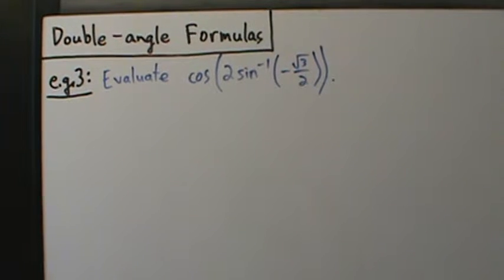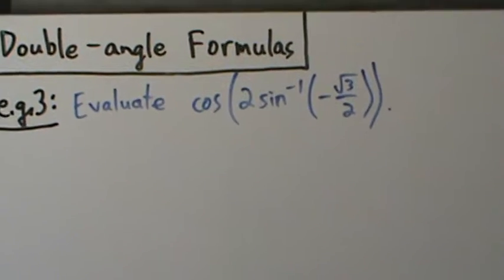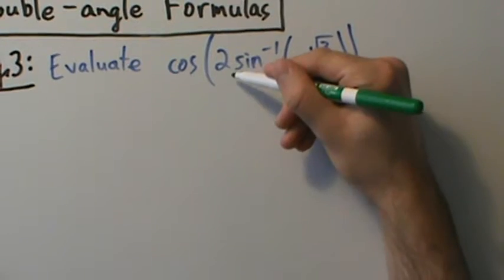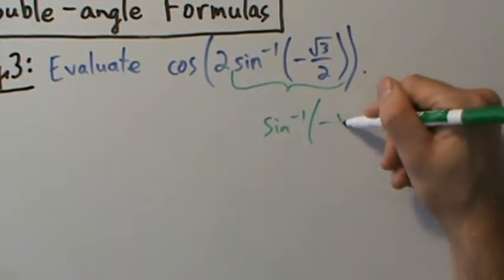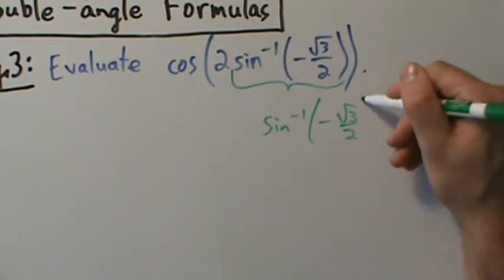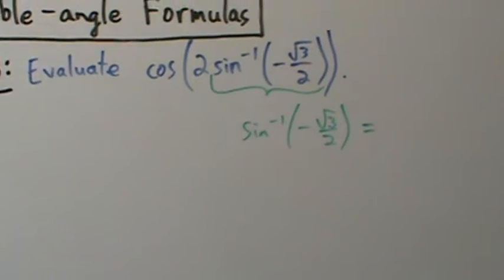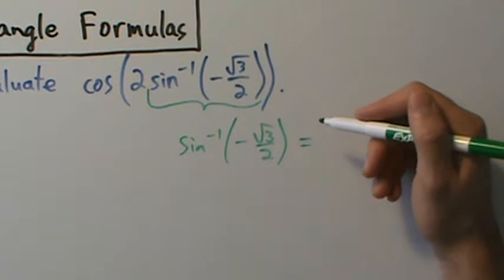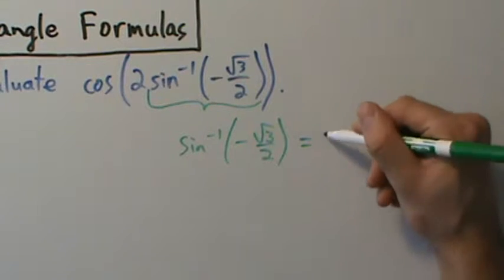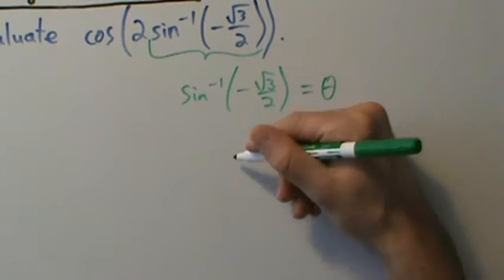If we want to evaluate 2 times the inverse sine of negative root 3 over 2, let's look at the inverse sine of negative root 3 over 2 first by itself. We have to think back to our properties of inverse trig functions. We can call this theta. So inverse sine of negative root 3 over 2 equals theta.